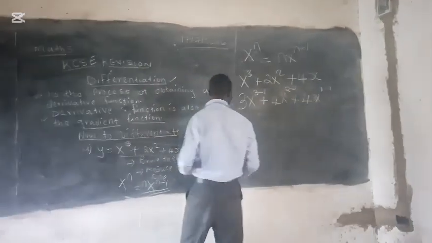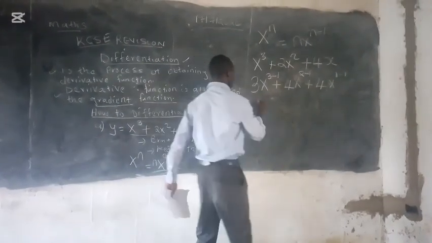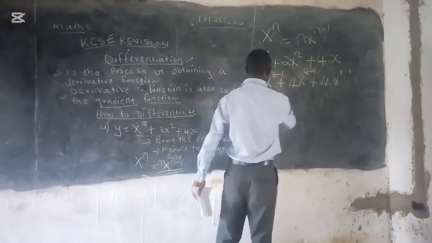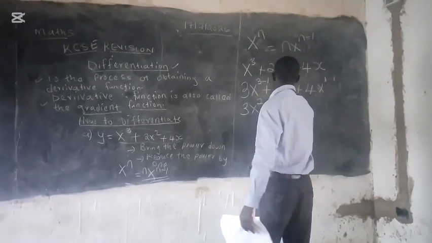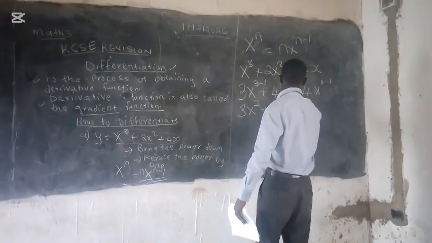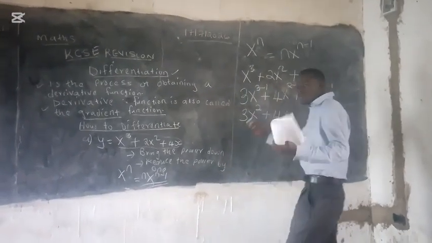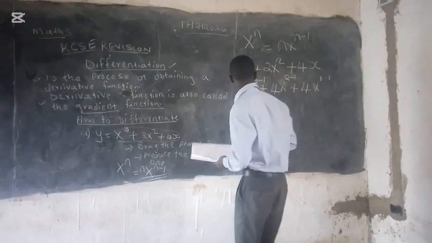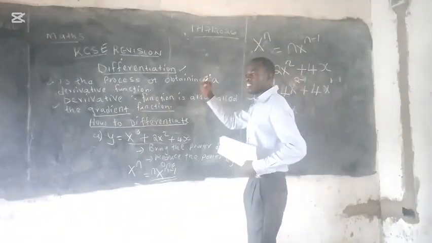Dear students, I hope you are moving on well. Up to that point, we continue. Therefore, we have 3x, 3 minus 1 is 2, so it becomes squared, plus 4x, 2 minus 1, we get 1. It is abnormal for you to put the power 1 here.